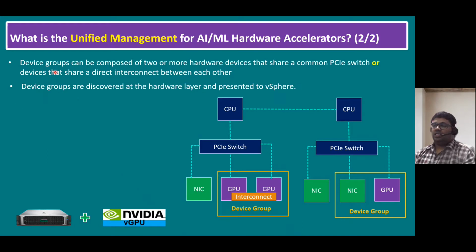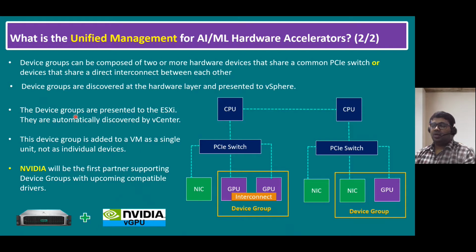Another point is that device groups are discovered at the hardware level. They must first be discovered at the hardware layer and then presented to vSphere, which includes ESXi and vCenter. That means device groups are presented to ESXi first, and then they are automatically discovered by vCenter Server.